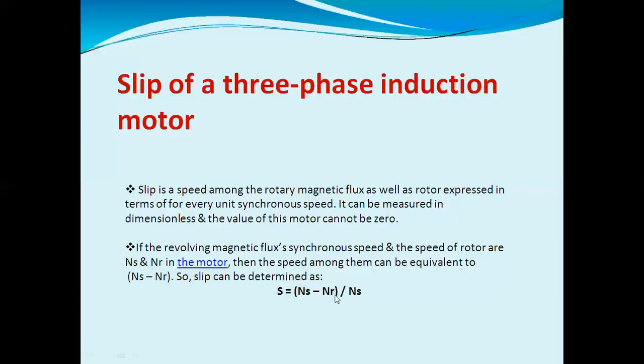From that, we can easily calculate the value of the rotor speed, that is Nr. So Nr will be 1 minus S into Ns. From that particular equation, we will get the value of Nr.